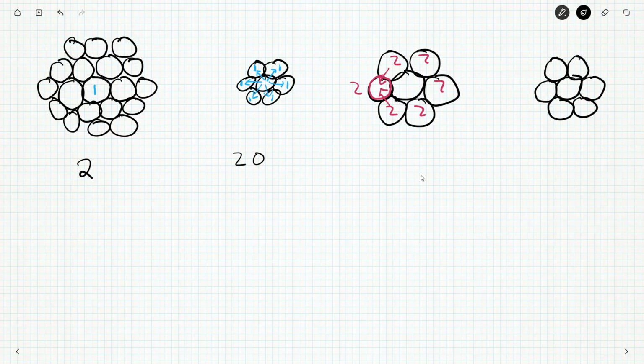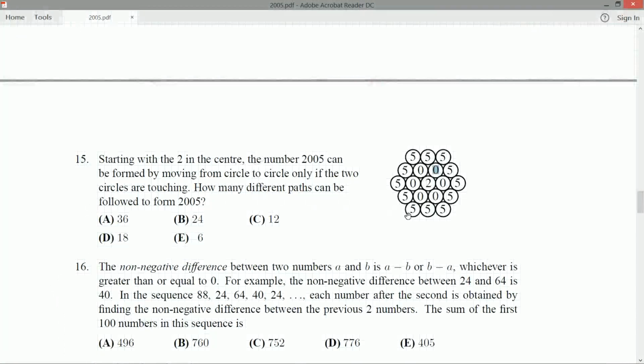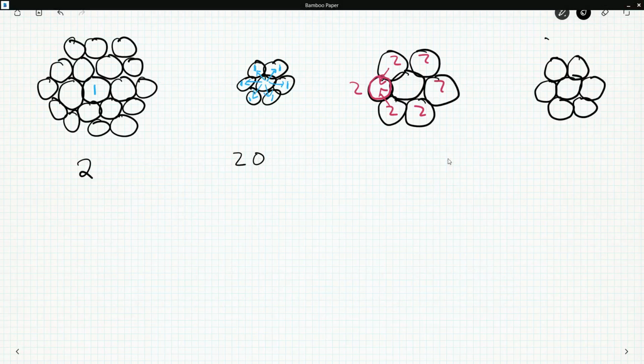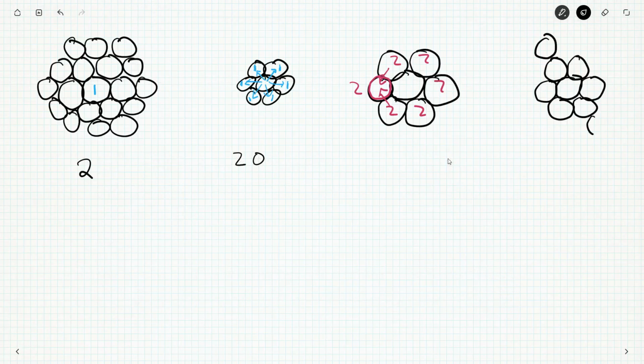Okay, so we have the flower, and then extend it outward in each direction, and then fill in the gaps.